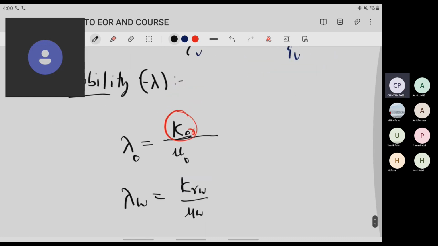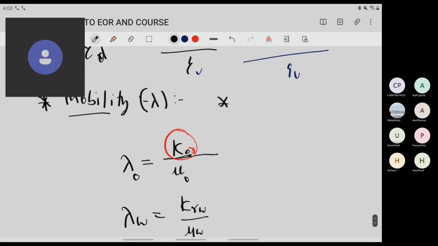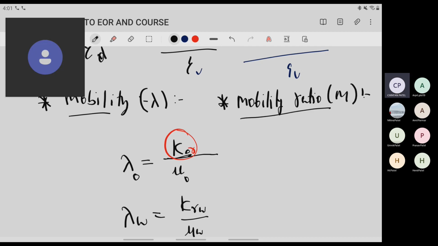Then what is the mobility ratio? Anyone may have an idea?